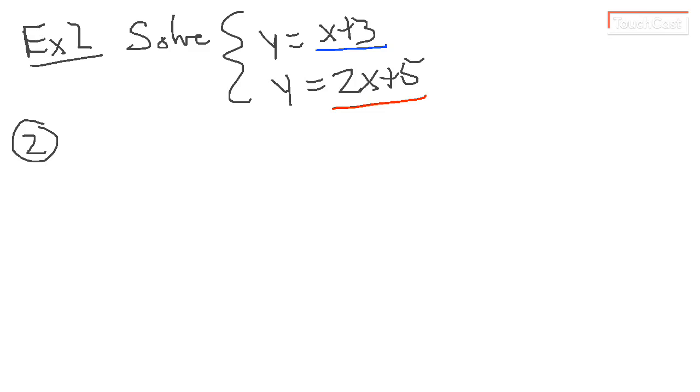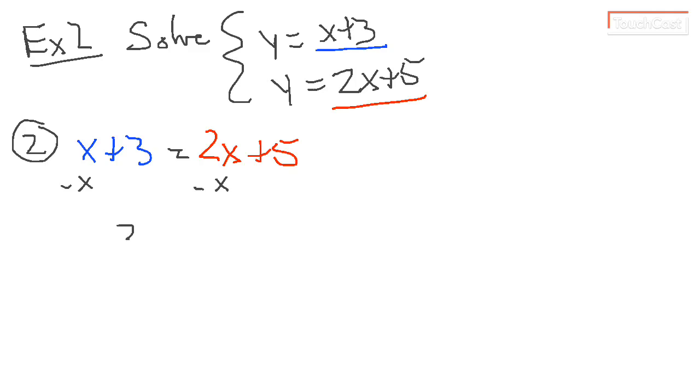So we're going to go x plus 3 equals 2x plus 5. And now we're going to solve this for x. Now when I'm doing that, this time, I'm going to move the x that's on the left side.